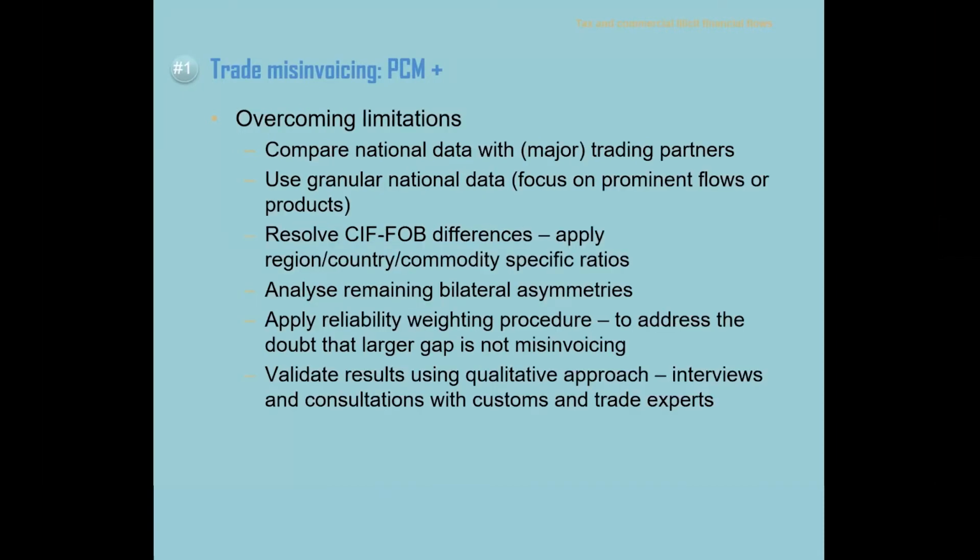So even with those major drawbacks of the method, of course, the method is not redundant, is not useless. Rather, let's try and find ways to overcome those limitations, to bring them on board, and essentially say, okay, we have a discrepancy in bilateral trade statistics.